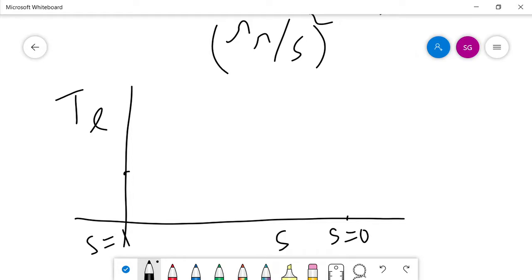So this will start increasing, and at some point there will be a transition. Now the electromagnetic torque has to be directly proportional to the slip. So as the slip decreases, the electromagnetic torque will also decrease.